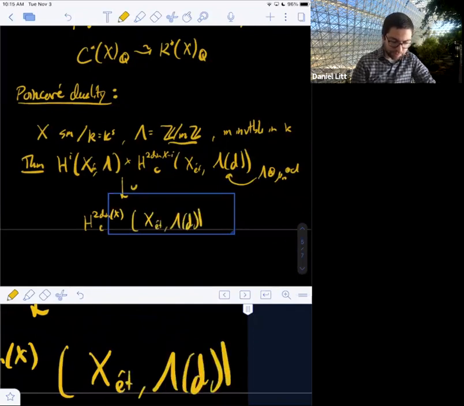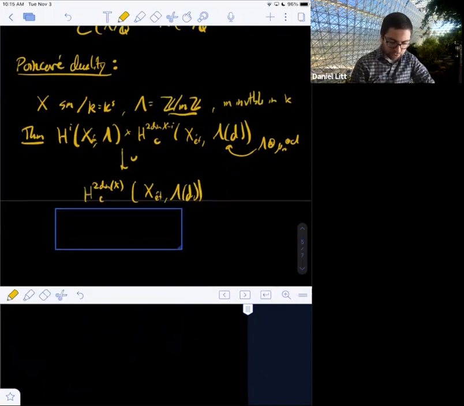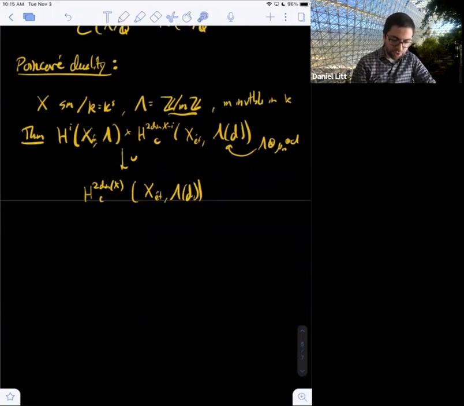So maybe before I finish stating the theorem, just a remark. Why is this where the cup product maps to? Well, how do you compute these things? To compute the thing on the right, you take a compactification of X and take the extension of lambda(d) by 0 to the compactification. To compute this thing, you would take the derived push forward of lambda to the compactification and then use the Leray spectral sequence.